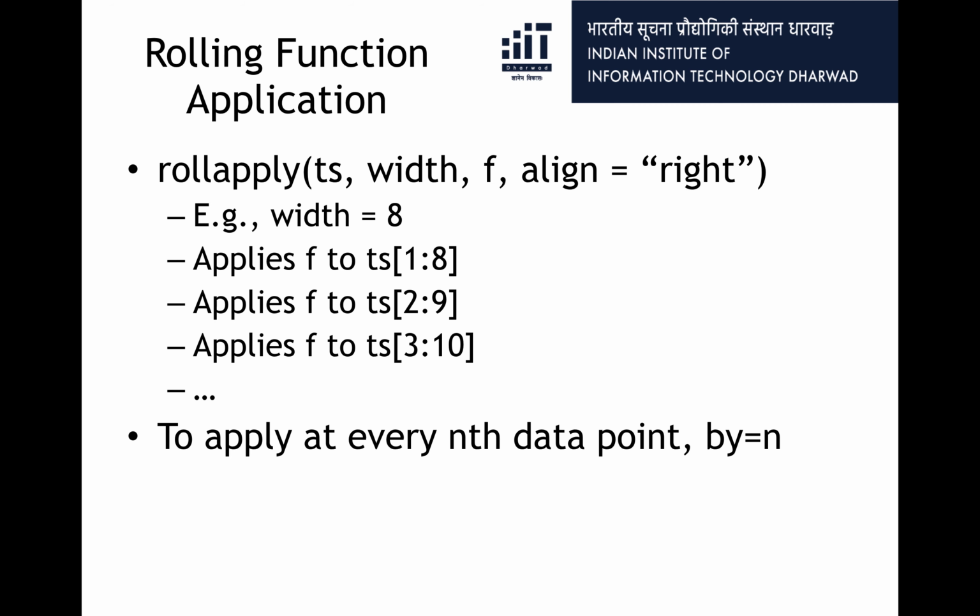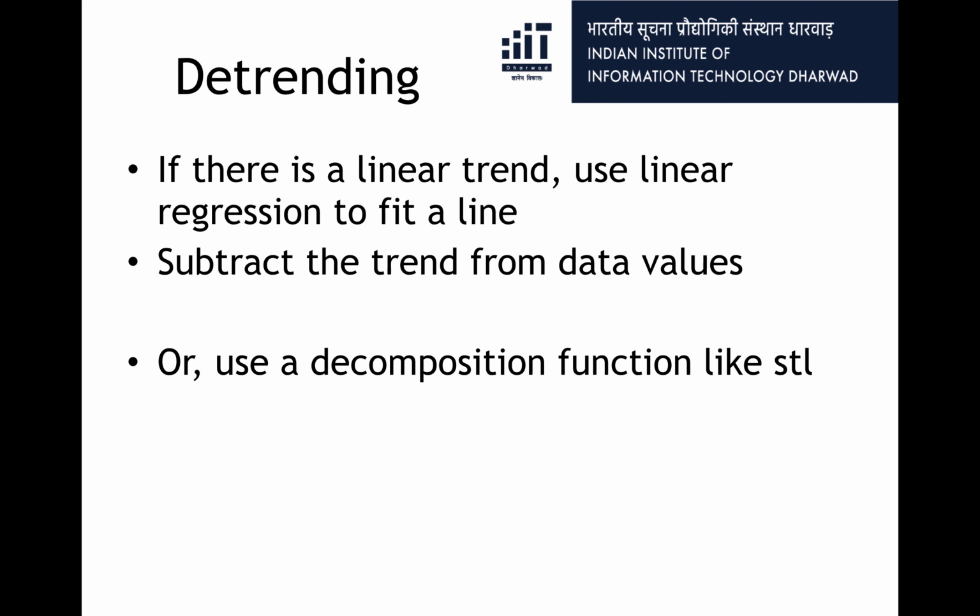Now, if I simply say width equals 8, it will apply it from 1 to 8, again from 2 to 9, again from 3 to 10 and so on. But you can also say by equals n if you want to skip. That means you wanted to do 1 to 8 followed by 9 to 16, then 17 to 24. You can do that also if you say by equals 8. So, all of this is available to you.